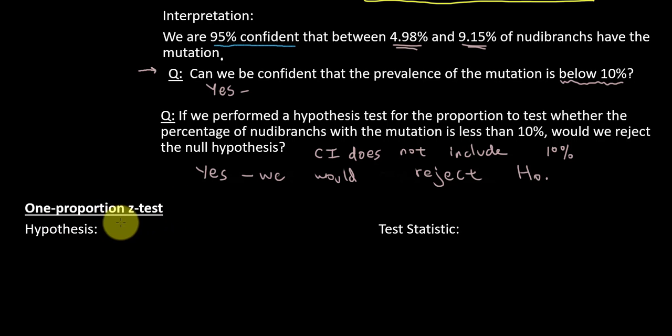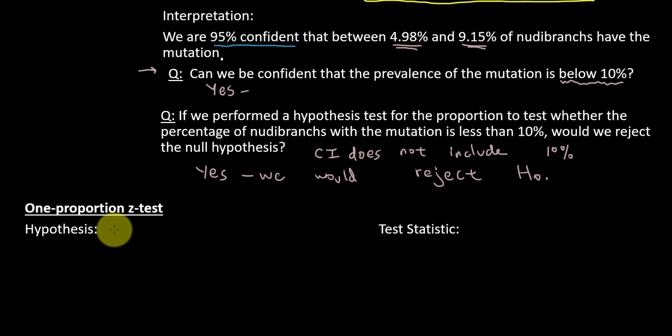So this is sometimes called a hypothesis test for the proportion because it utilizes the standard normal. Sometimes it's called the one proportion z-test. And I'll define the hypothesis and test statistic and p-value, and then we will apply it to this nudibranch example.